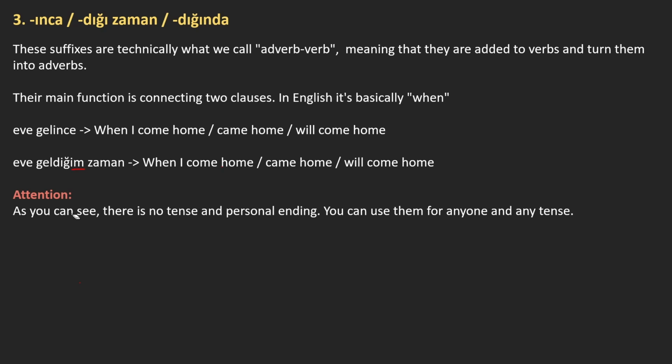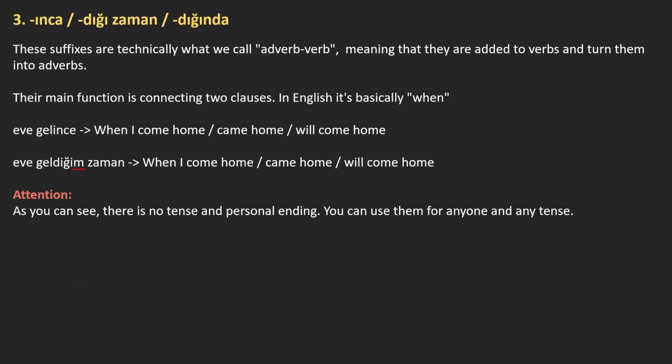Ben eve geldiğim zaman. Again, it has no tense, but it indicates a person here. Eve geldiğim zaman. Ben geldiğim zaman. And if you say when you come home, it will be sen eve geldiğin zaman.